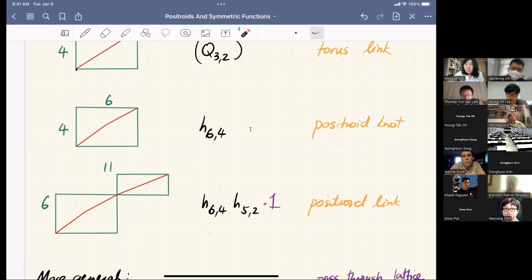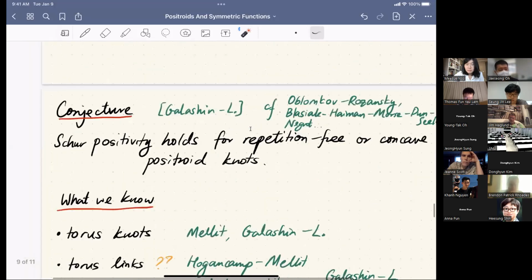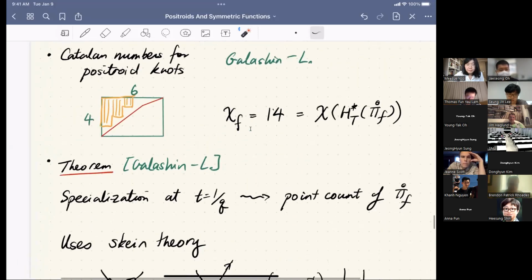Oh, I see a question in the chat. Is there a combinatorial interpretation for Hopf coefficient other than 1 to the n? So a Schroeder type, maybe. I expect that yeah, we don't know the answer to that. So back over here, I said that if I give you a concave curve, then it should be the number of Dyck paths above the curve.